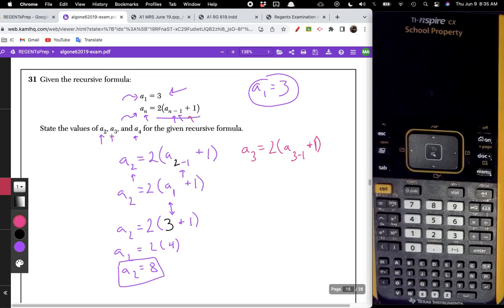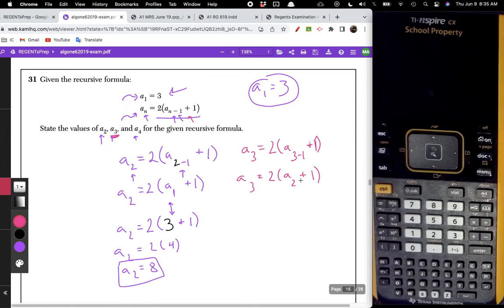We want to find a sub 3, so I replace the n with the 3 over here. And in place of the n in n minus 1, I have 3 minus 1. Okay, so now 3 minus 1 is really 2, so a3 is 2 times a2 plus 1.